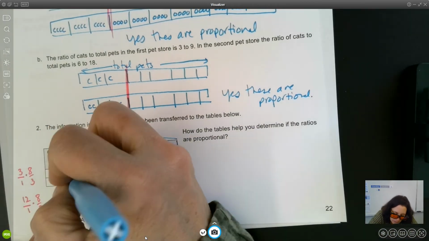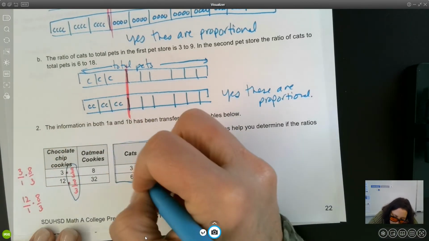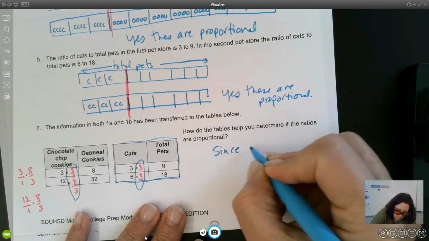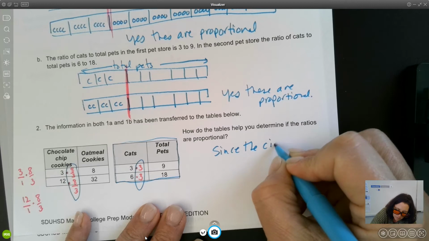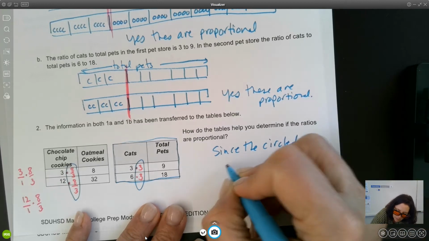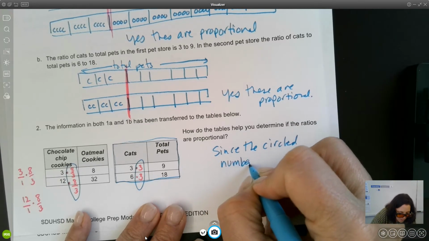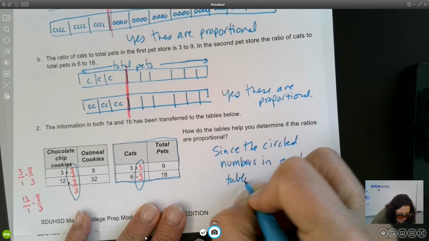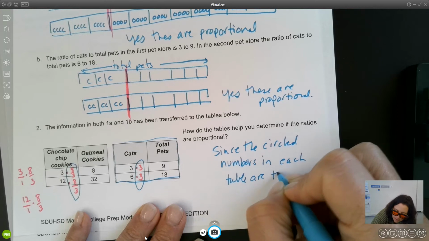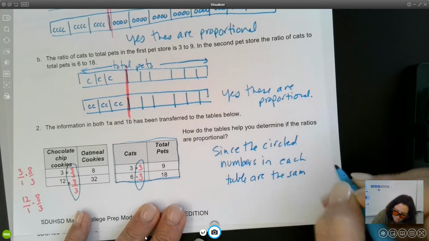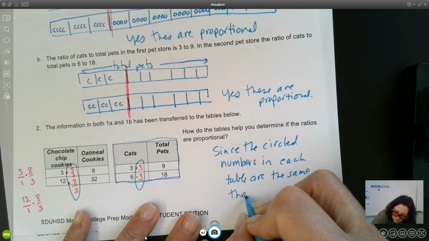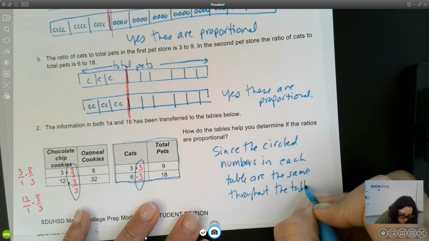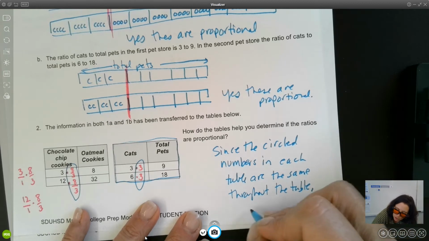Let me circle those so I can refer to them here. Since the circled numbers in each table are the same throughout the table, the relationship is proportional.